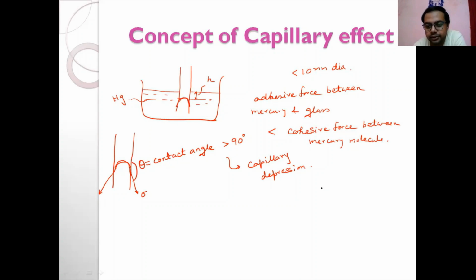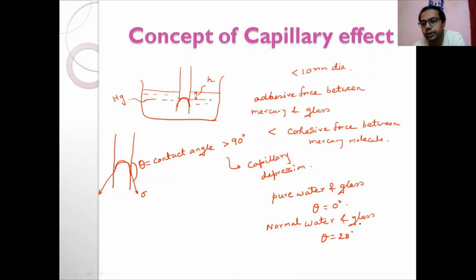Now some theta values. If you are considering pure water and glass, in that case the contact angle is 0 degrees, perfect. In case of normal water and glass surface, theta is nearly 28 to 29 degrees.